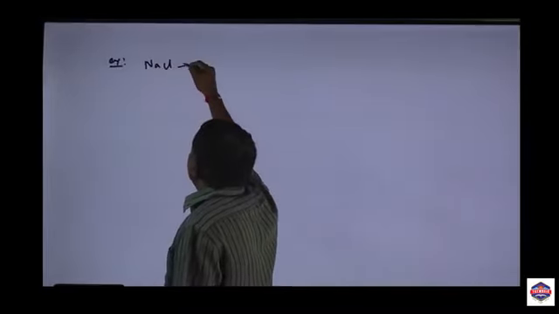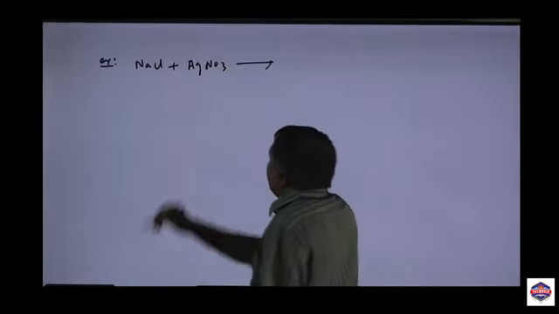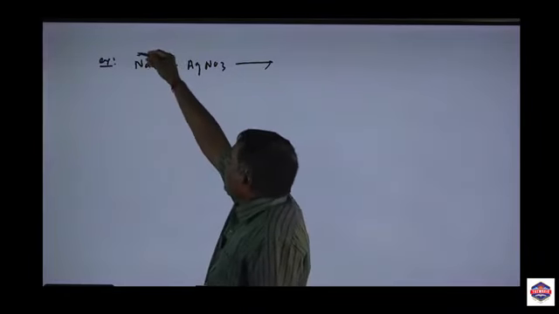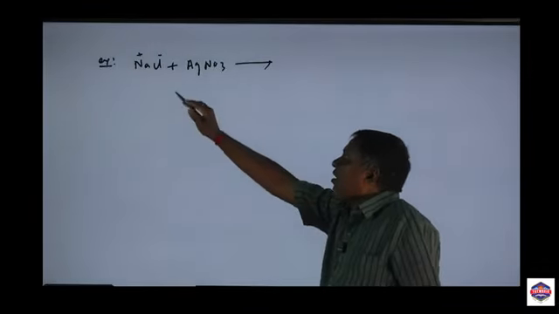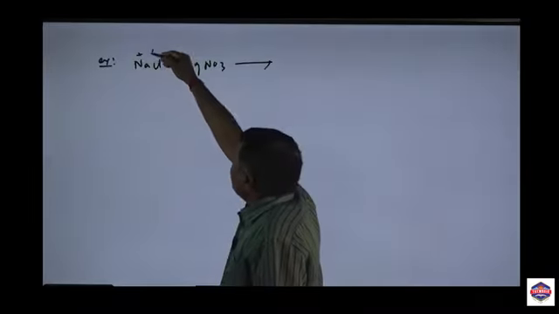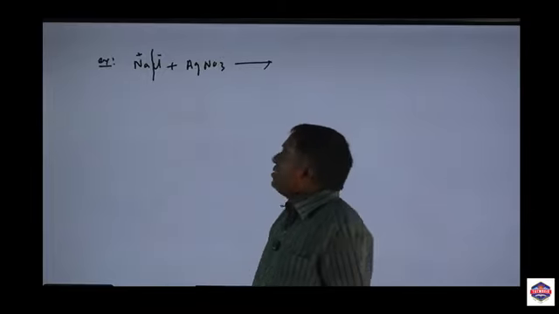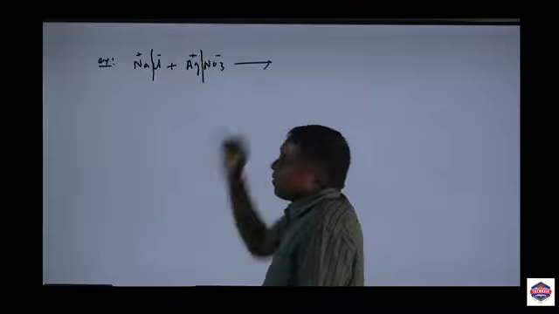For example, NaCl plus AgNO3, this is an ionic reaction. Generally it is a very fast reaction because in sodium chloride we already have the separated ions, Na plus and Cl minus. These two ions are already separated. No need to separate the Na and Cl. And also here this is Ag plus and this is NO3 minus.